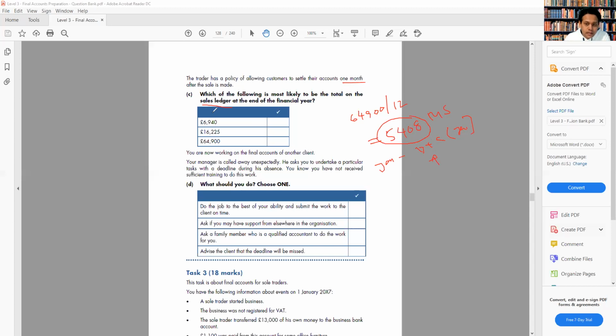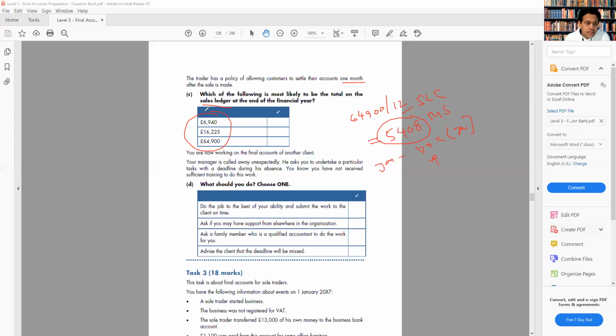Now from here, this one will be sales ledger control, isn't it? That will be the outstanding, the customer going to pay the last month, credit customer. So that is our sales ledger control. Now from here, which one is closest? Most likely you think your sales ledger control will be for this year.